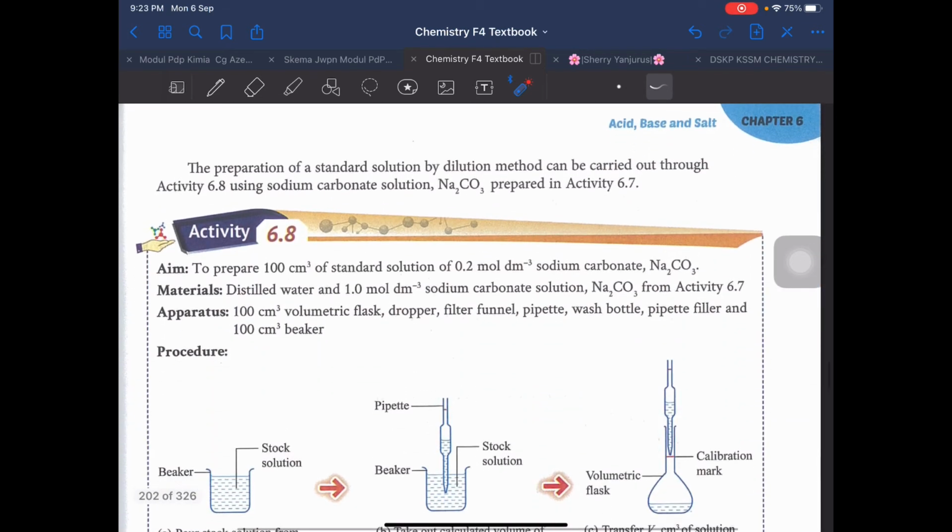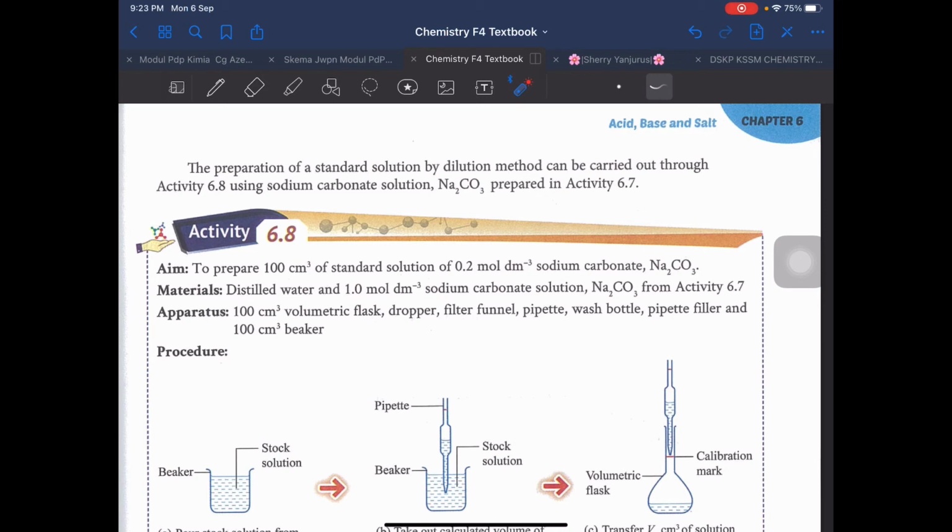Let us go to this activity 6.8. Look at the note over here. The preparation of standard solution by dilution method. Dengan menggunakan kaedah pencairan ni can be carried out through activity 6.8 using guna apa? Guna sodium carbonate solution yang kamu sudah buat tadi in activity 6.7.